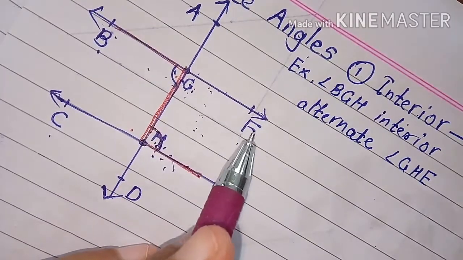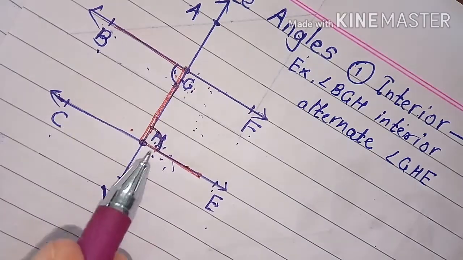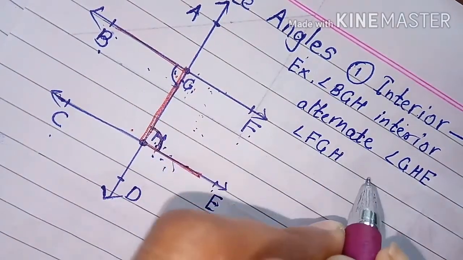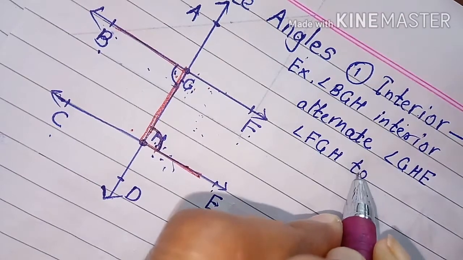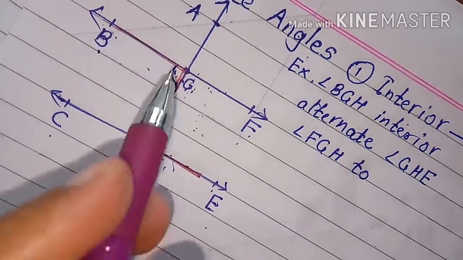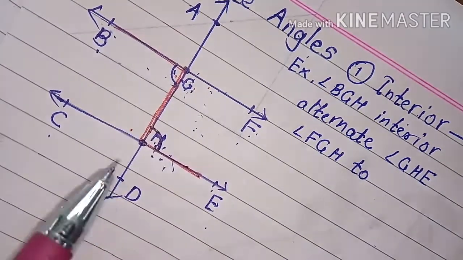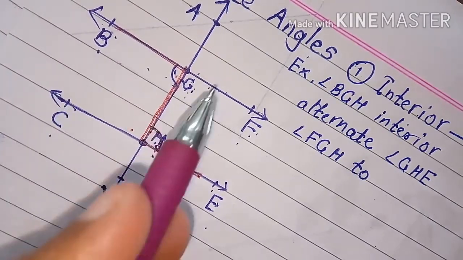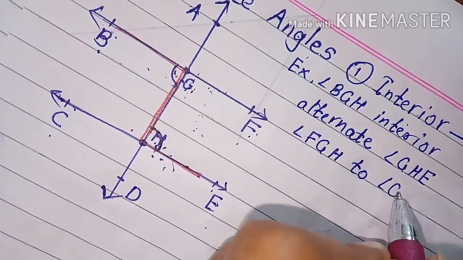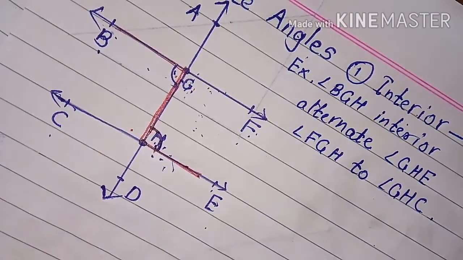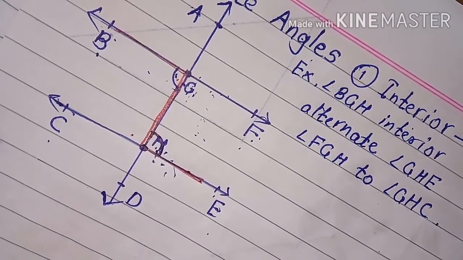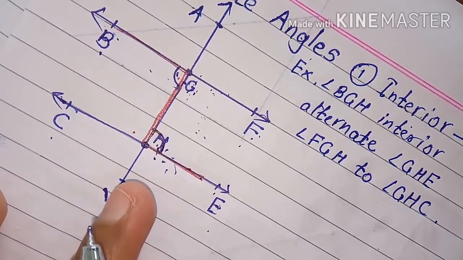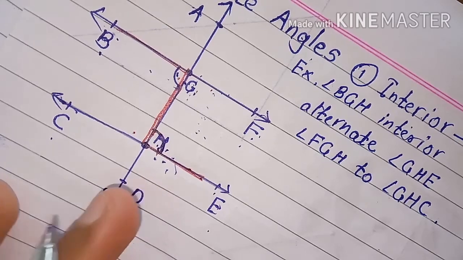And the second pair is angle FGH, alternate to angle GHC. Now we have to denote it with small letters so that you understand better.